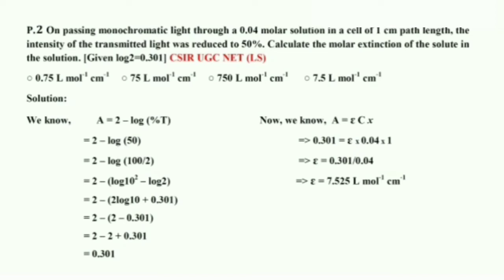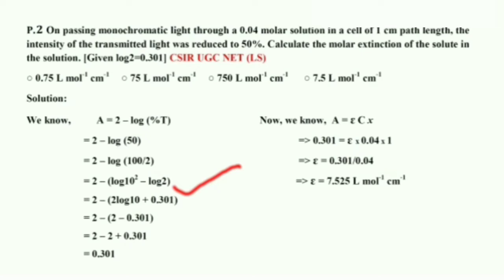So here we will use the relationship A is equal to 2 minus log of percentage T, and substituting the value of percentage T, we get A is equal to 2 minus log of 50, since the transmittance value is 50%. We can write 50 as 100 by 2, which will become A is equal to 2 minus log of 10 square minus log 2.